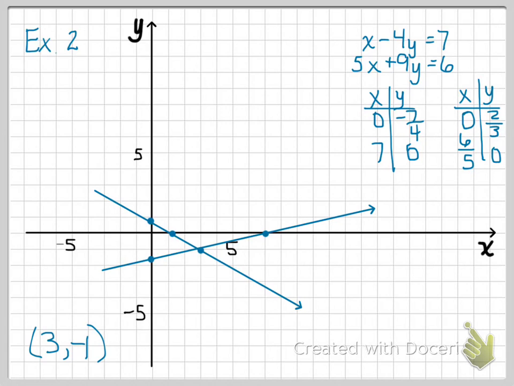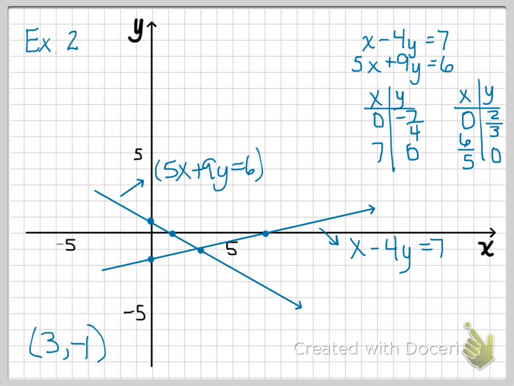Okay, here's what the graph looks like. So I plotted the x and y intercepts. This equation right here is the second one. So this one is 5x plus 9y equals 6. And this graph right here is the x minus 4y is equal to 7.